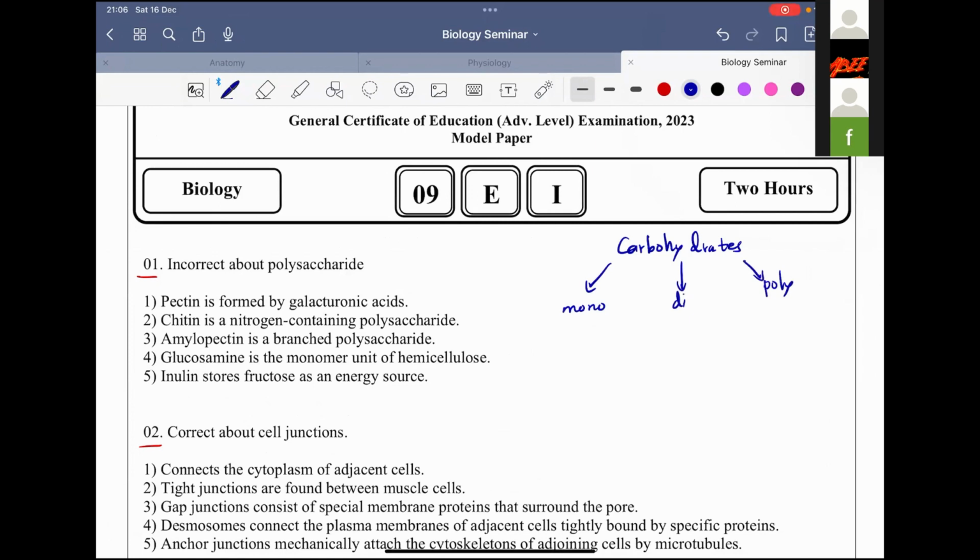For monosaccharides and disaccharides, you should know their properties, such as being soluble and sweet tasting, but polysaccharides are the opposite. You should also know some examples of each. So now the question is about polysaccharides. Let's go through all the statements given.